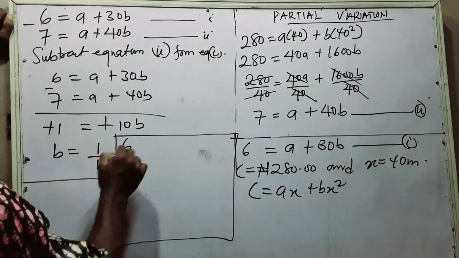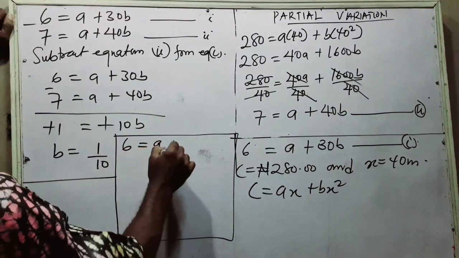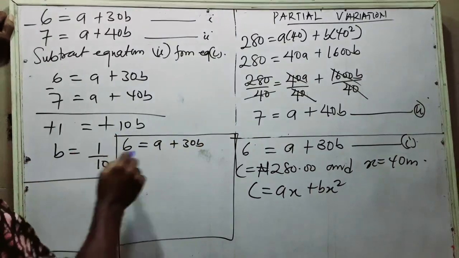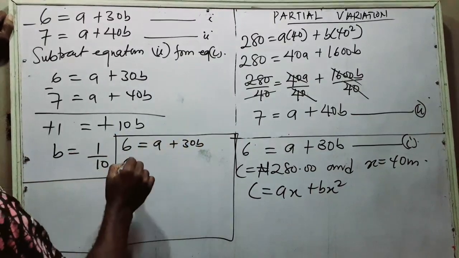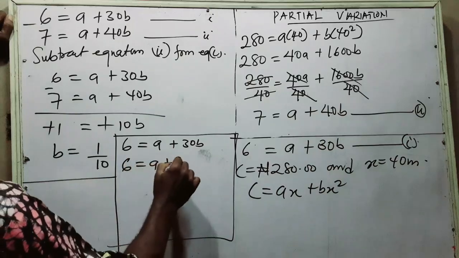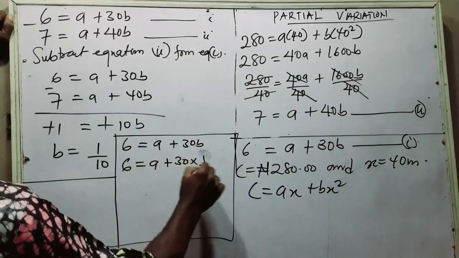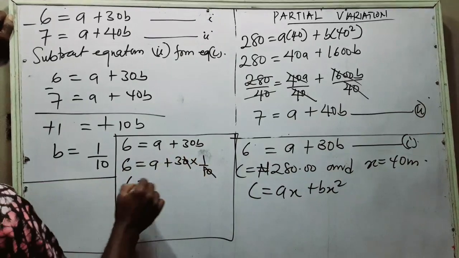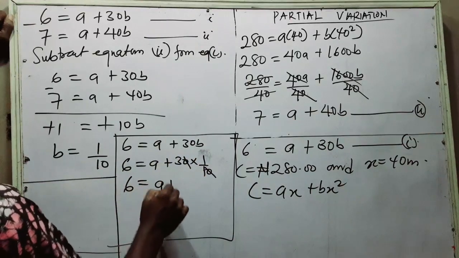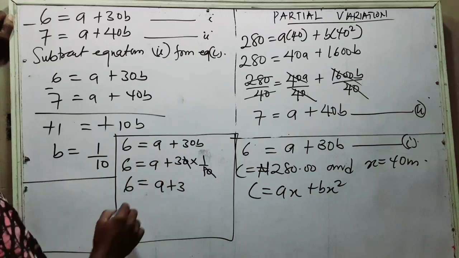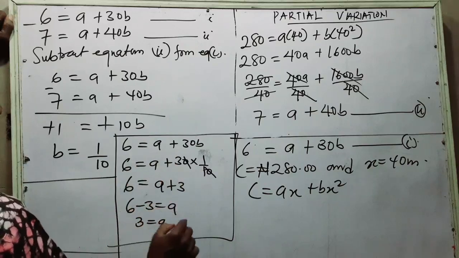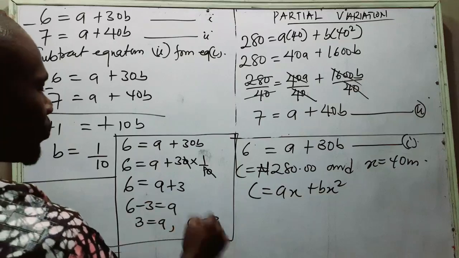We have 6 is equal to a plus 30b, so 6 is equal to a plus 30 times 1 over 10. This cancels to give 6 is equal to a plus 3. Therefore, 6 minus 3 is equal to a, so a is equal to 3.